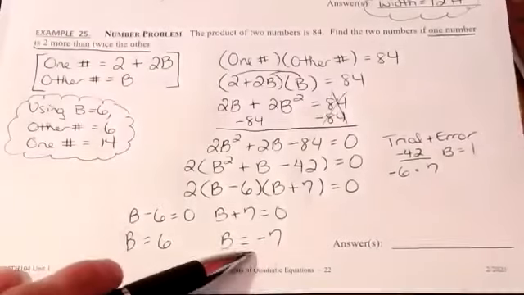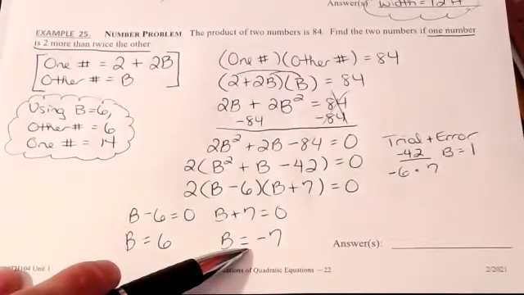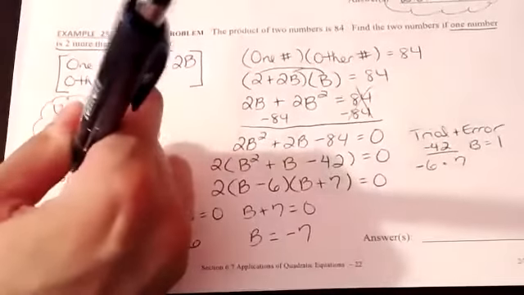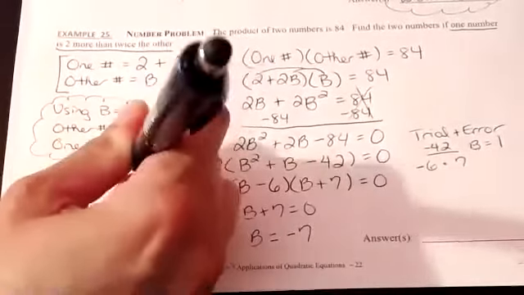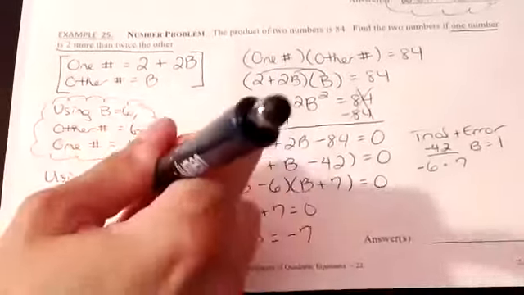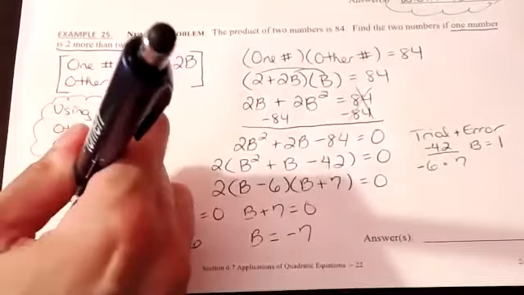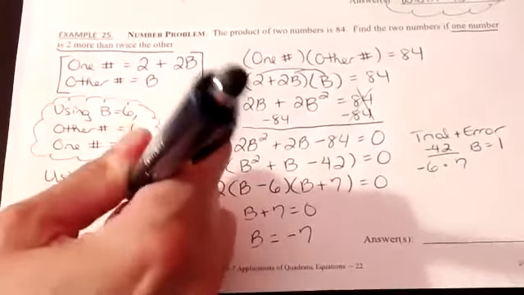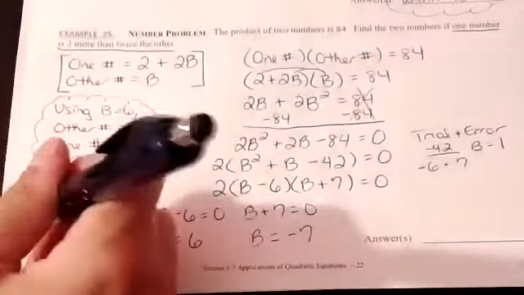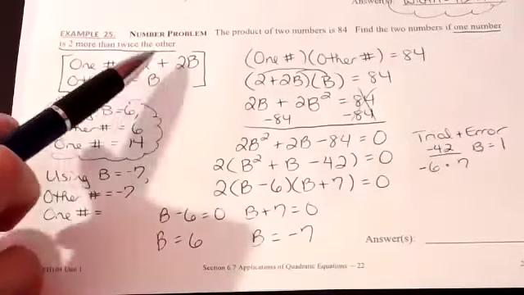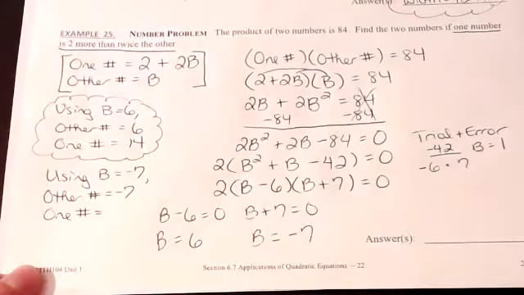Now, what if we use b as a negative 7? Let's write that out and see what we get. Using b as negative 7, we find that the other number is negative 7. And then one number is 2 plus 2 times negative 7.